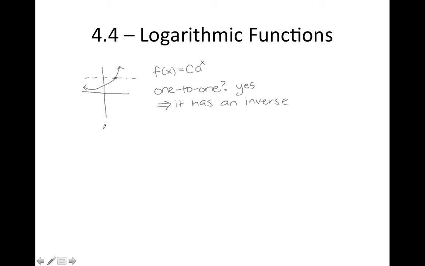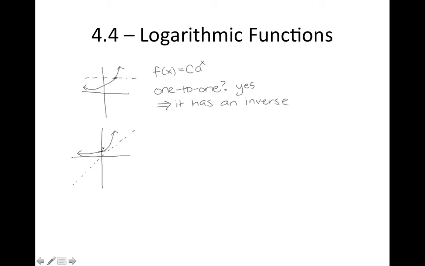Let me draw the graph again. Okay, so it passes through 0, 1. Here's that exponential function. To find its inverse, we're going to reflect it over the line y equals x, which is this dashed line, diagonal, 45 degrees through the origin.